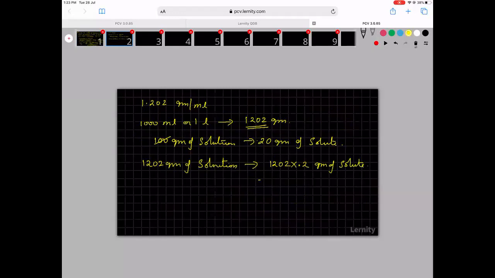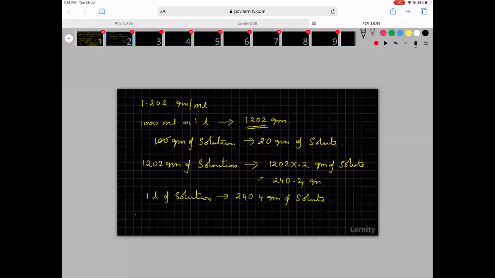So that will be equal to how much? That will be equal to 240.4 grams. That means in 1 liter of solution, you have 240.4 grams of solute.